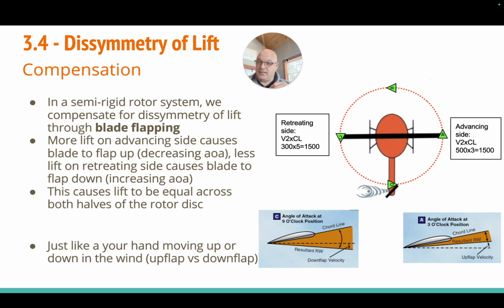On the opposite side, the retreating blade can be impacted if we have too much angle of attack put into it. In other words, we get to that critical angle of attack, and that's where a disturbance of air can create what we call a stall.